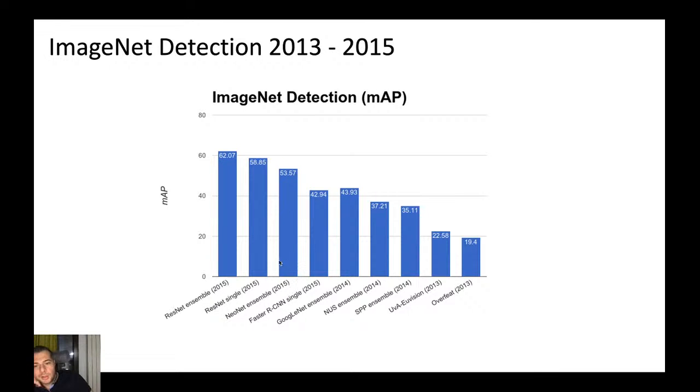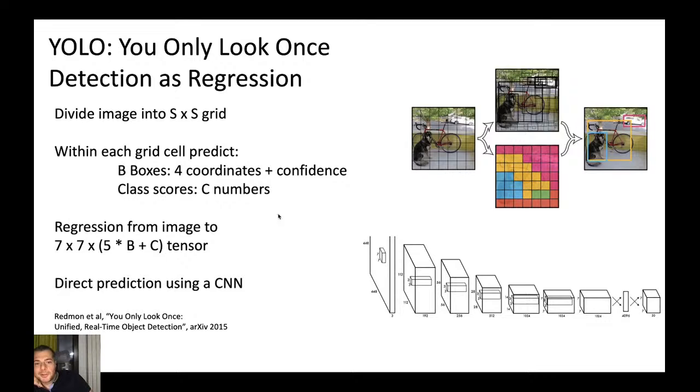This is when we also combined the model with ResNet. So when you change the backbone architecture from VGG to ResNet, you can obtain improved results. And if you add an ensemble on top of this, you can further improve the results and go over 60%.